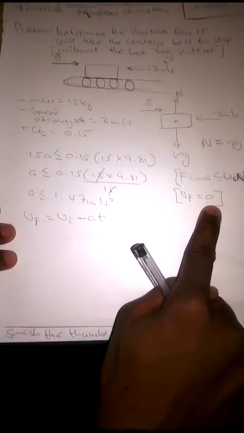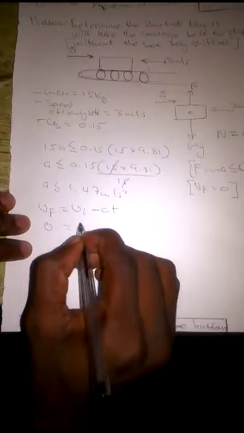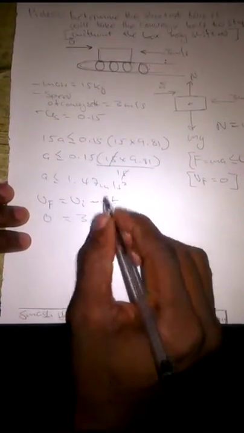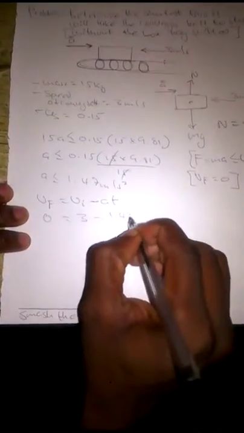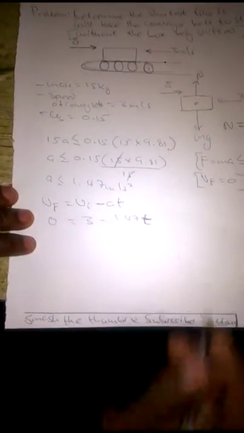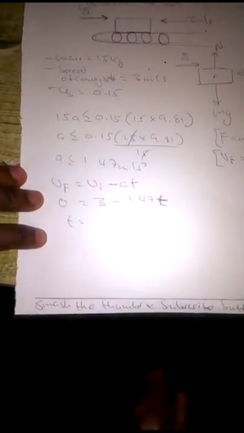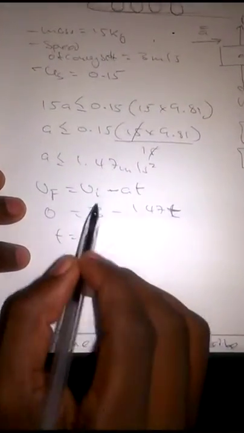So we have 0 equals our initial velocity, 3, minus acceleration, 1.47, times t. Making our time the subject of the formula, t is equal to 3 divided by the acceleration.